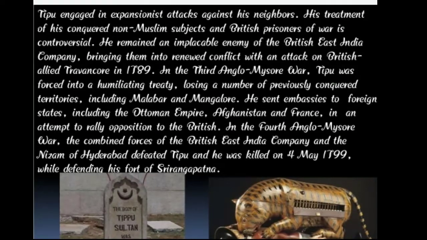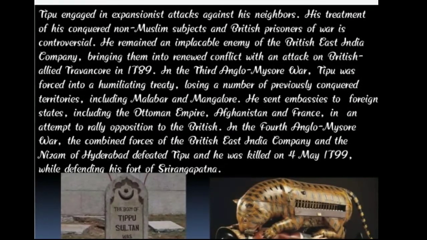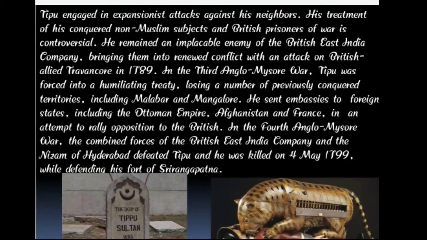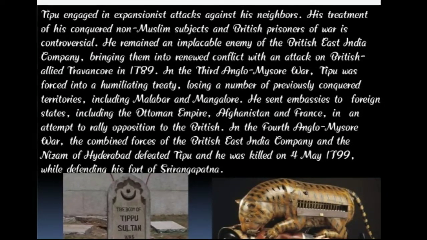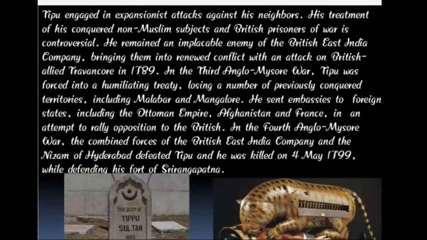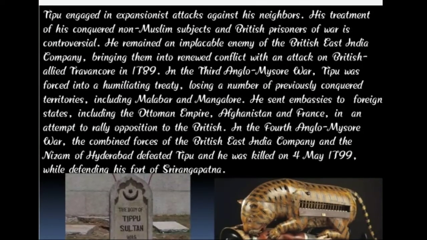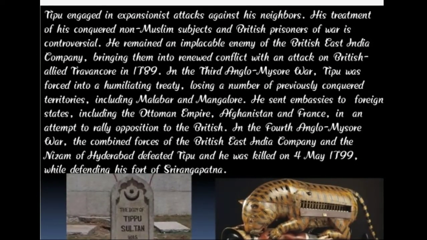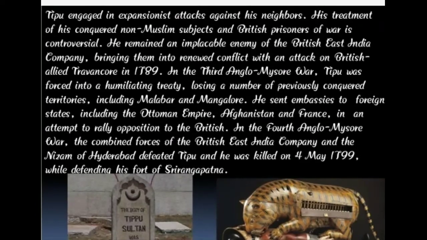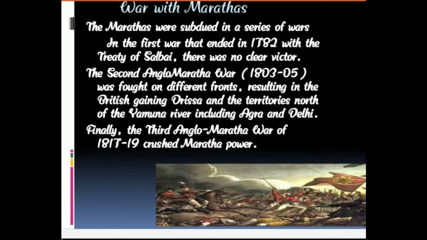Tipu was forced to sign a treaty with the British by which two of his sons were taken away as hostages. Tipu's toy tiger, kept in the Victoria and Albert Museum in London, was taken away in the year 1799.